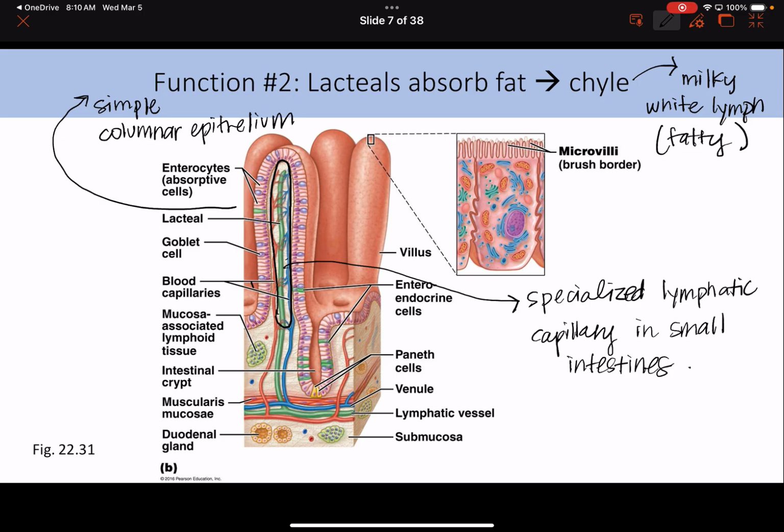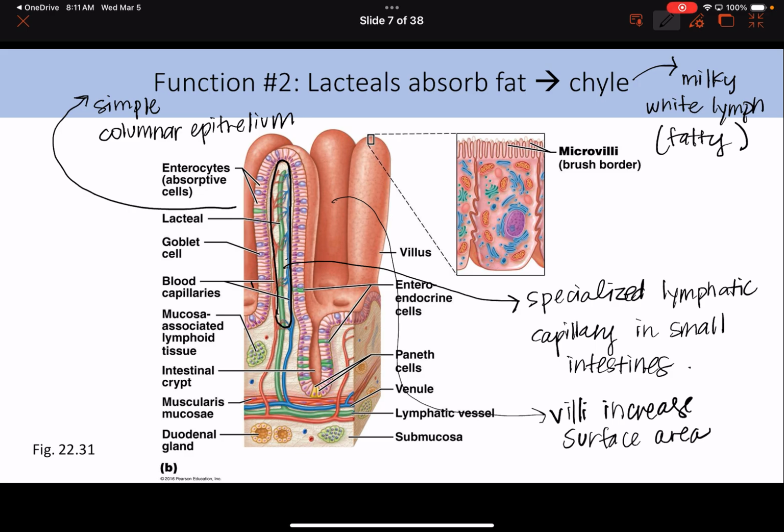Anybody remember what the function of villi are? What do they do for us? They increase surface area, yes. Yay! So make sure that you know that villi increase surface area.